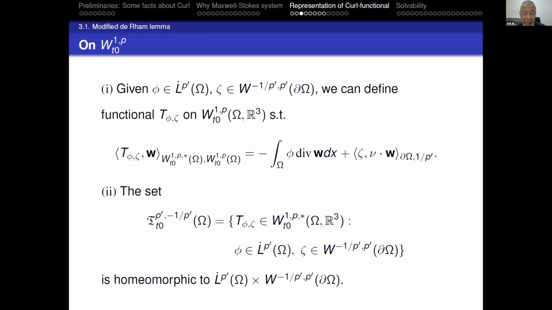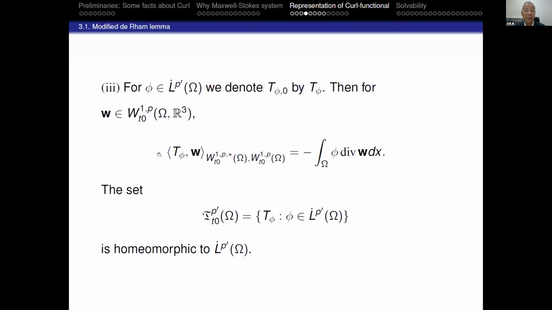And actually, this is a well-defined functional, and the set of all such functionals gives you a space homeomorphic to the original LP prime times the trace space. And you can also define, when theta equals 0, T phi, you drop the boundary term.